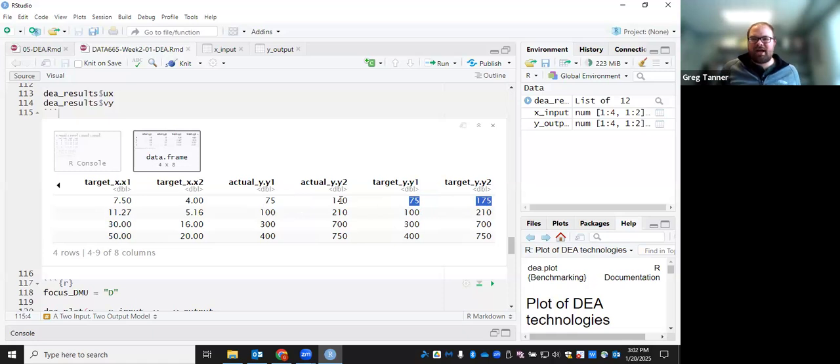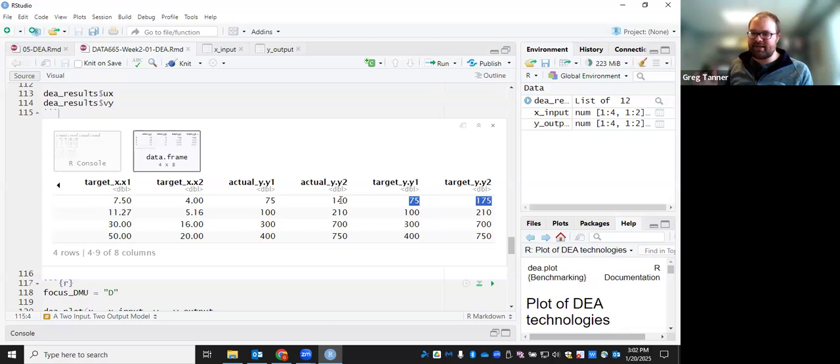Yeah, this will happen whenever you have quite a few inputs and outputs and not that many DMUs. And so in this case, the number of DMUs matches our inputs and outputs, and so we don't have a very well-defined problem. Ideally, you've got a lot of DMUs that you can be comparing relative to the number of metrics that you're using. Ideally, you've got more DMUs than you have metrics.